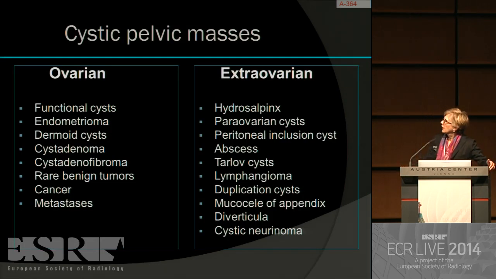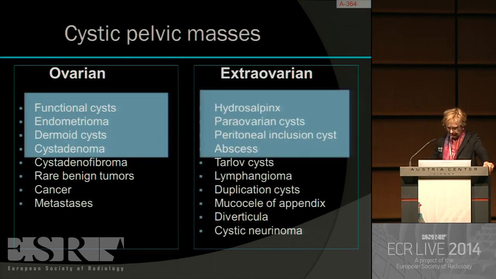The list of differential diagnosis is quite large, but in clinical practice, it's usually the first 4 diagnoses in each subgroup that are the most common diagnoses. In the vast majority of cases, we are not able to differentiate para-ovarian cysts from ovarian cysts. In clinical practice, it is very useful to differentiate, but sometimes it's challenging, to differentiate hydrosalpinx from real tumors, namely cyst adenomas.